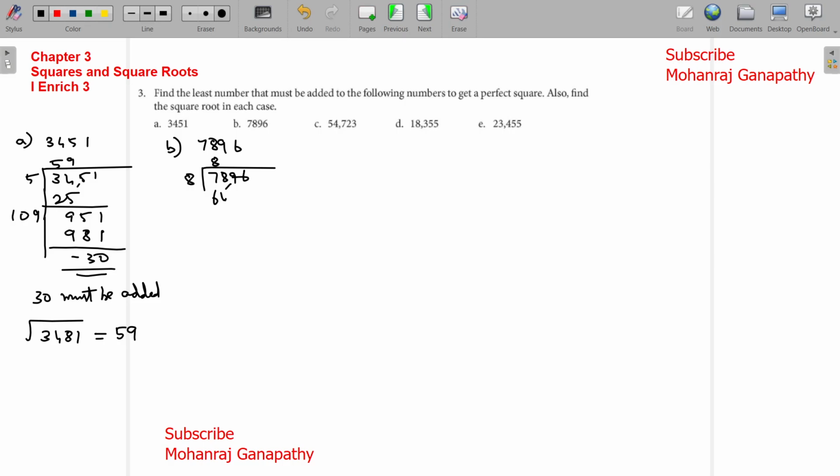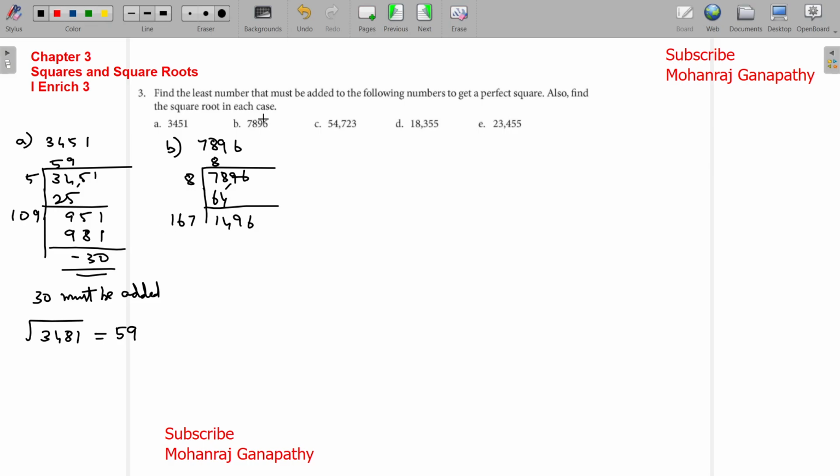So 8 eights are 64. 1496. 8 twos are 16. 6 times, 6 sixes are 36. 36 plus 3, 9. So it is below. You can go with 7. 742.